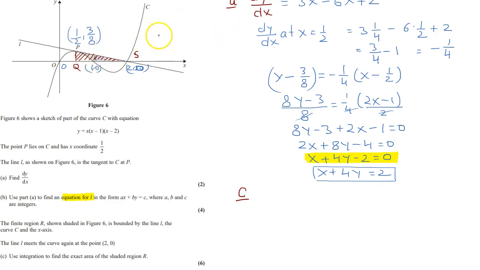So area of this triangle is half base. This Q is half and this is 2. So on the axis this line is starting from half and ending in 2, x.